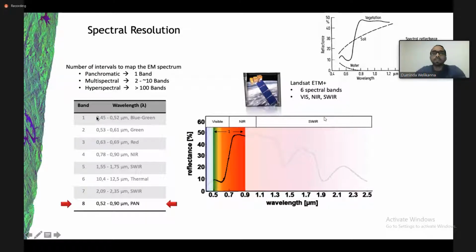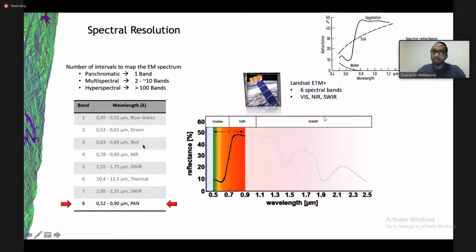So for instance, if you take Landsat ETM Plus, you can see there are 8 bands. One is the blue-green region in the electromagnetic spectrum. You can see the wavelength on the x-axis and the reflectance, that means the energy coming back, right? So the blue-green region has images. The green region has images.